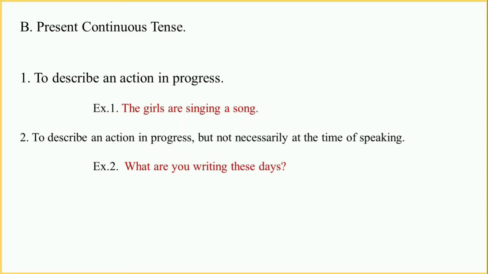Present continuous tense also describes an action in progress, but not necessarily at the time of speaking, as you see in the second example. What are you writing these days? In this example, at the time of speaking, the work of writing is not in progress.